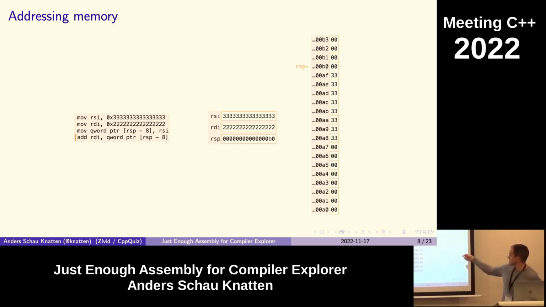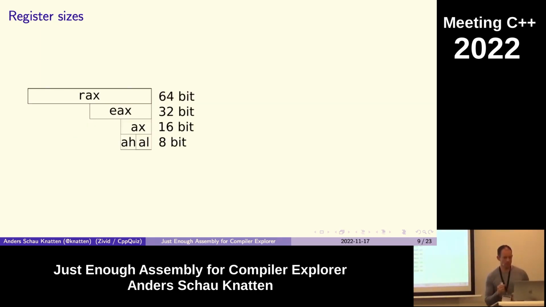So we take all of these 3s from over here, add them to all of these 2s in RDI, and we get a bunch of 5s. And as we saw before, add stores the result in the first operand, so we get a bunch of 5s in RDI. Yep, then we can read and write local variables.